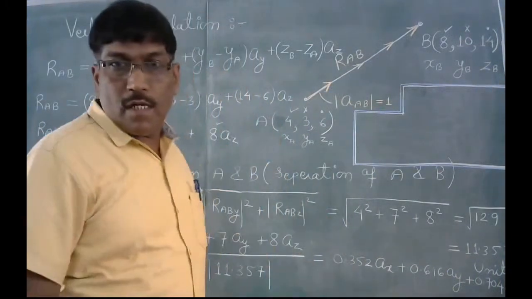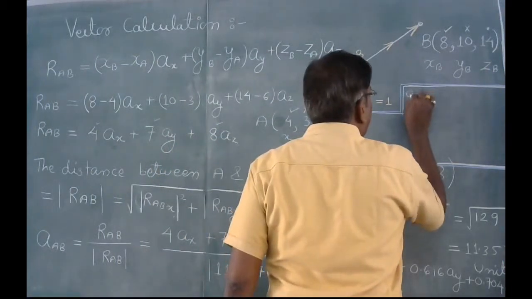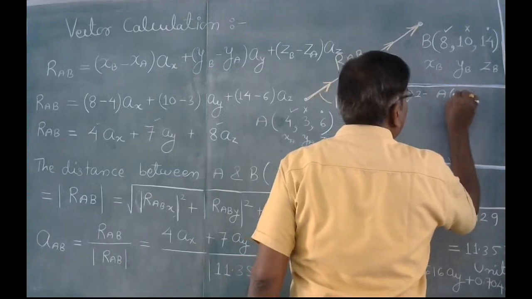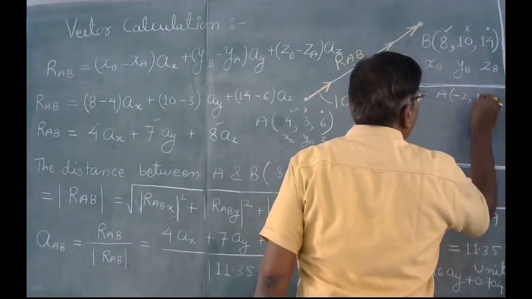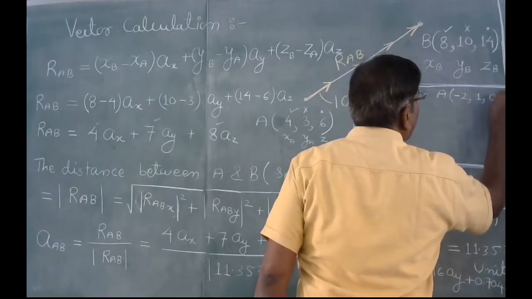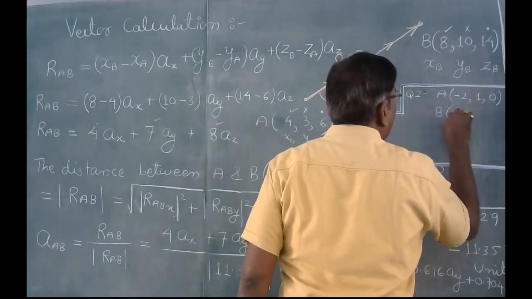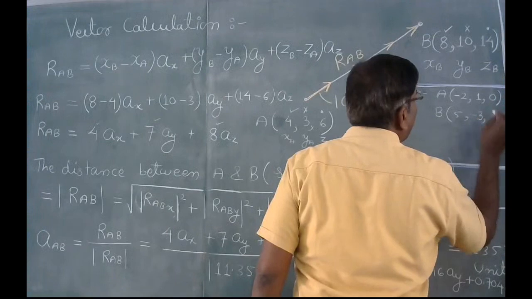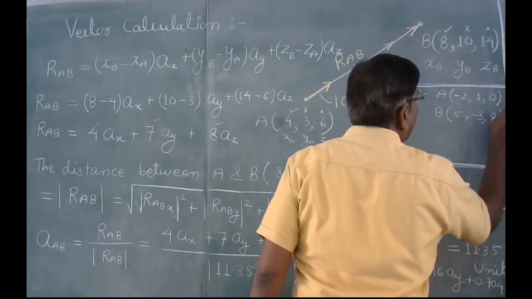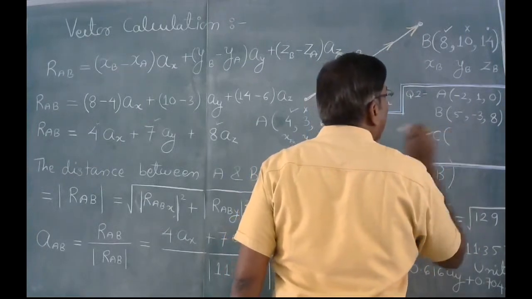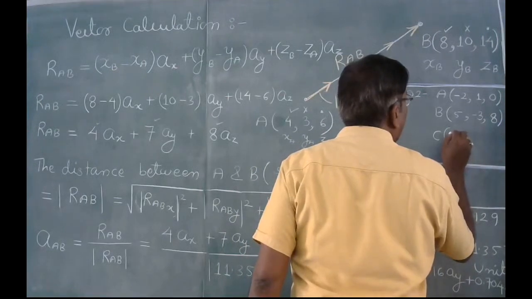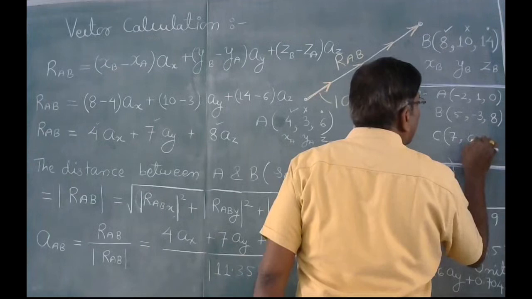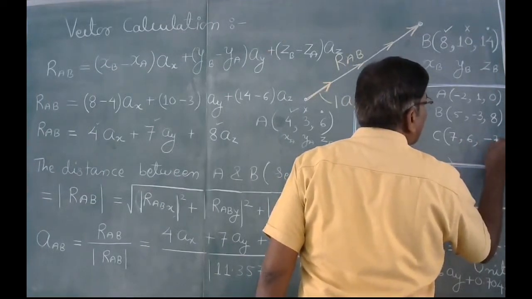Okay, now perhaps it is visible to you, there is clarity. So question number 2: given 3 points, point A is (-2, 1, 0), B is (5, -3, 8), and C is (7, 6, -3).